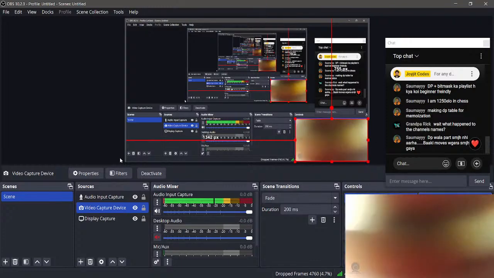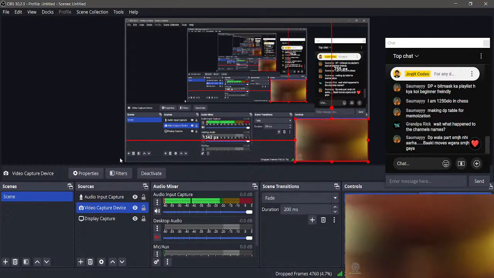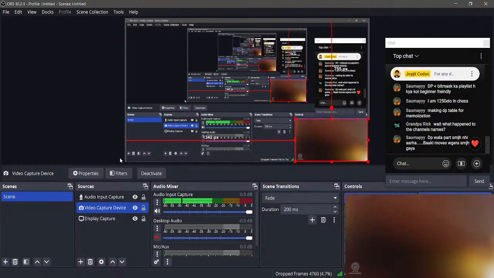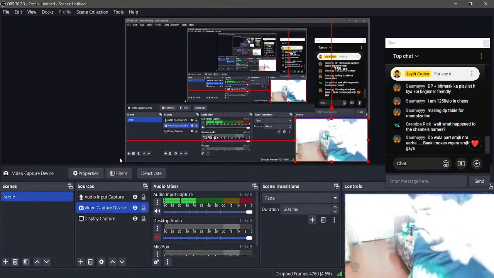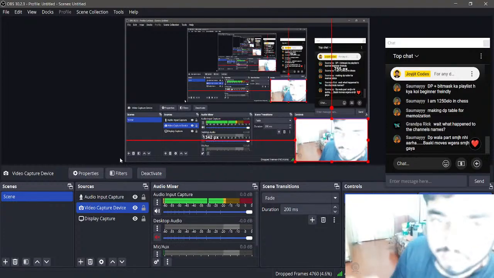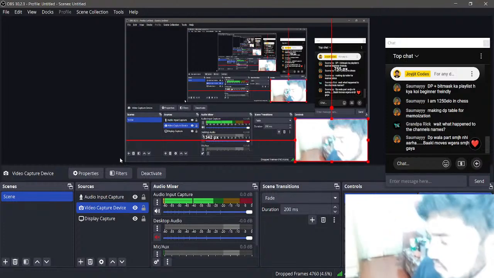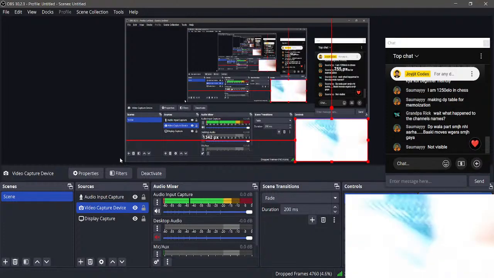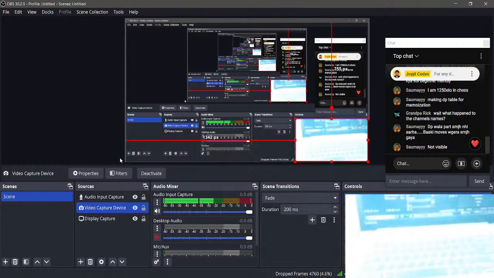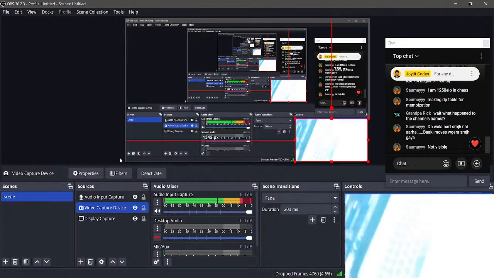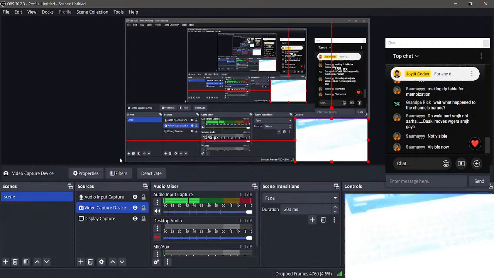I'm so sorry, it got disconnected. Why is the brightness so much? I don't know. Yeah, now I think I'm visible, but the brightness got too high. So just wait for a few minutes.